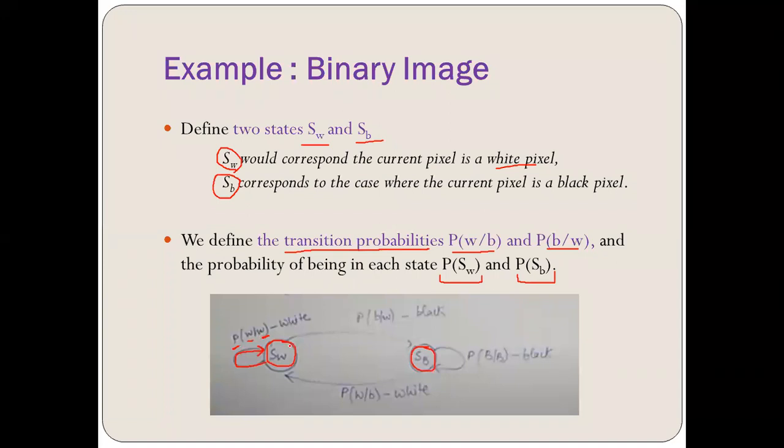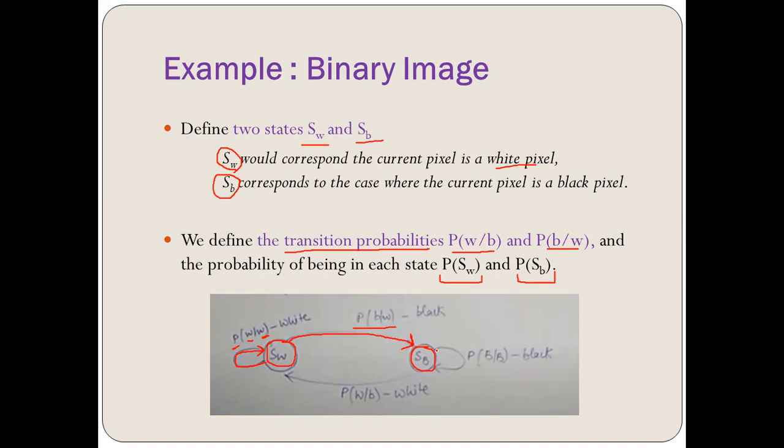Now moving to the next transition. What if black comes after this white? This is the change of state from white to black. This is defined as the probability of the black pixel coming after the white pixel.